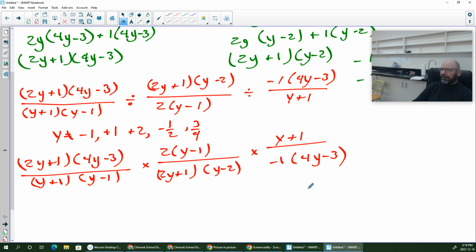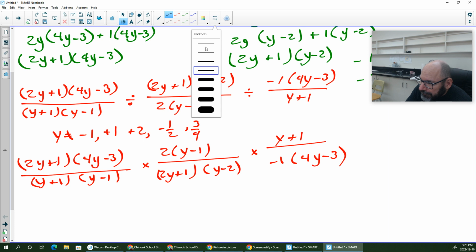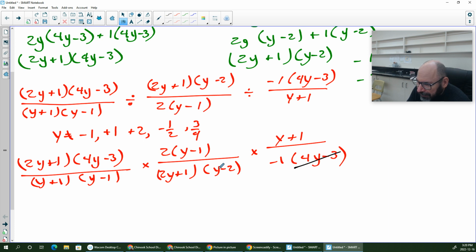Okay, we got all the restrictions figured out. We've factored everything. We flipped it over for the 2. Now we're going to cancel numerators and denominators that are exactly the same. Okay, so let's do that. This one cancels this one, one top, one bottom. This one cancels this one. This one cancels this one.